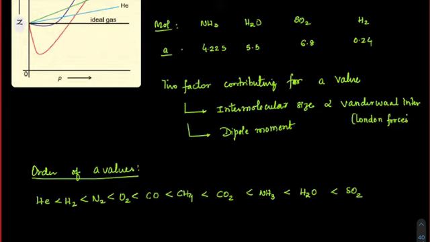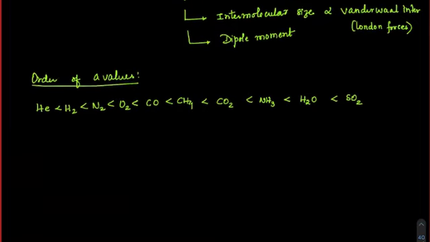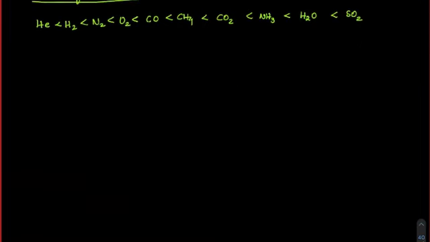So ultimately it is all about intermolecular forces, but those forces come from two types of van der Waals interactions. One is London forces, the other is dipole forces. One may supersede the other in different molecules. So that's why you better remember this value. I hope you understood that part.